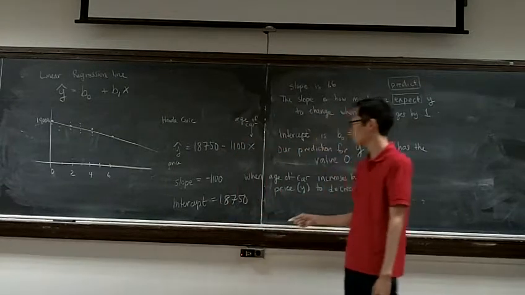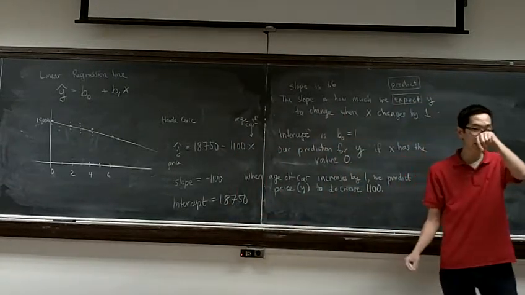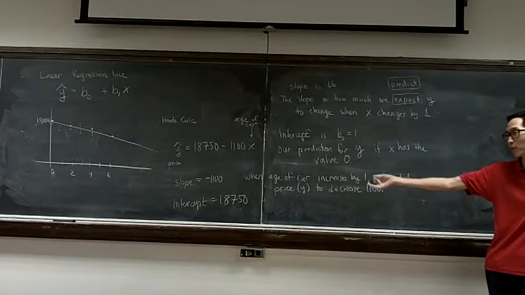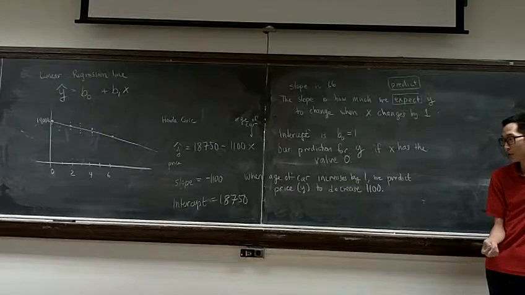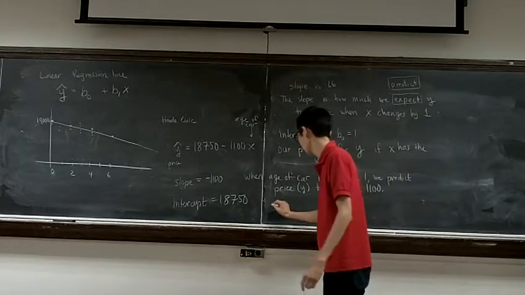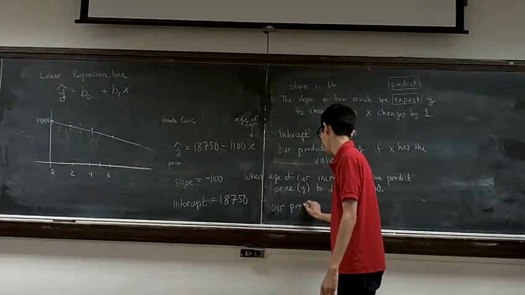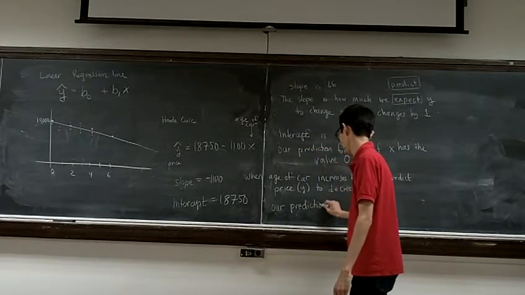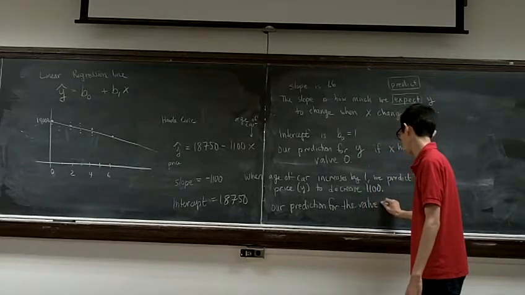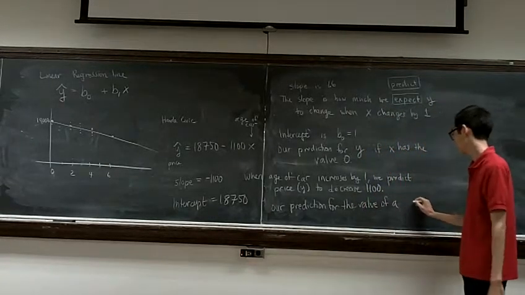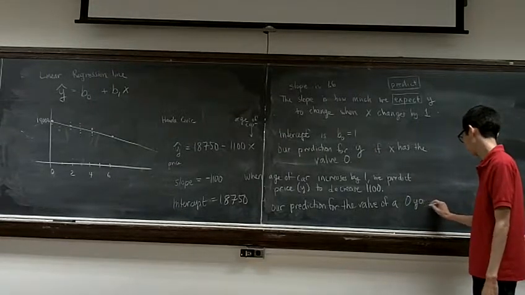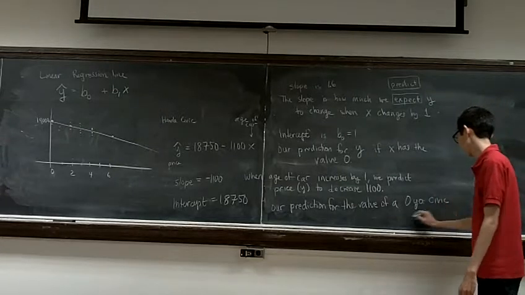And that says this is our prediction for the value of a car if x is 0. So it's basically what we're predicting a new Civic would cost. Our prediction for the value of a 0-year-old, or new, Civic.